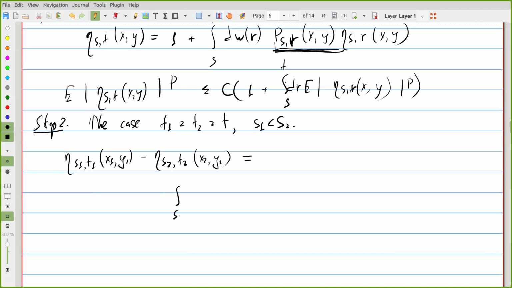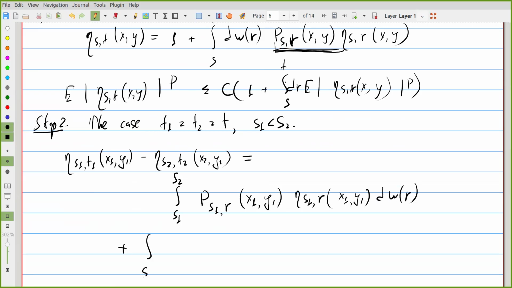So we have something that happens before s_2 starts, and here we just have psi_{s_1,r}(x_1,y_1) eta_{s_1,r}(x_1,y_1) dW_r, plus the integral from s_2 to t, here dW_r.